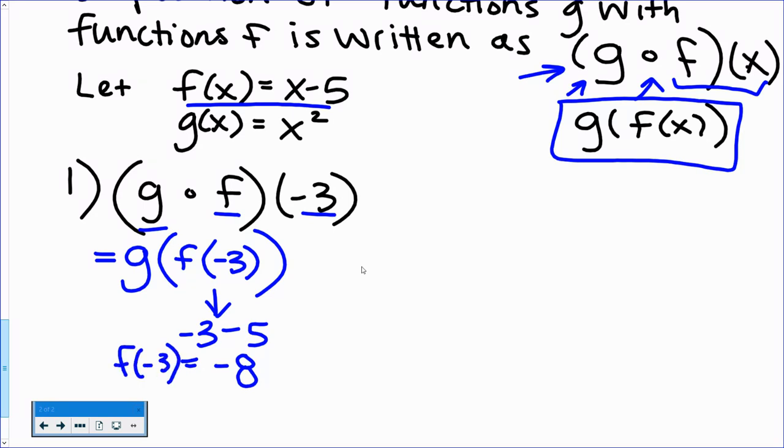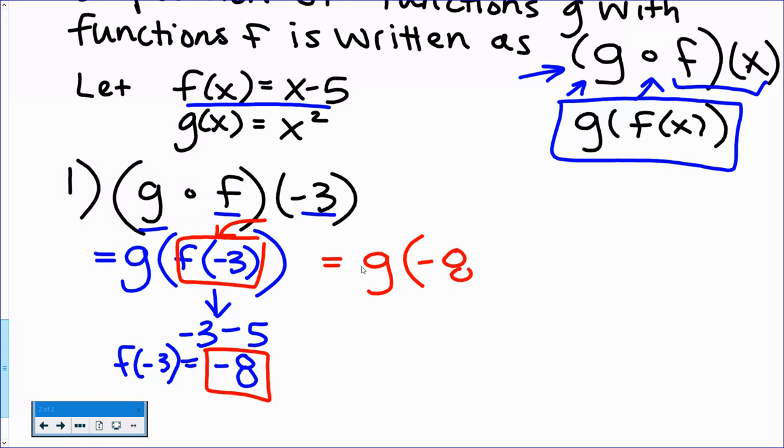So if I know f of -3 is -8, then I'm going to go ahead and replace f of -3 with -8. So then that means I'm taking g of -8. When I take g of -8, I am replacing the x inside of g of x with -8.